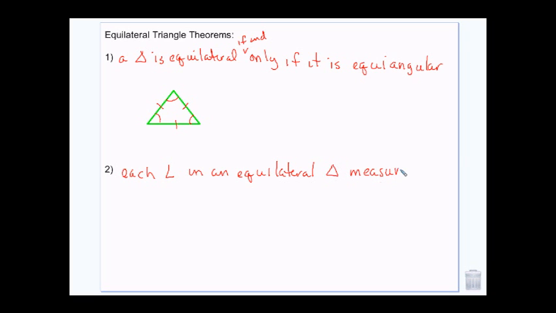You guys should know this one. If all the angles are the same, how much are they? Yeah, 60 degrees. So if I have a lovely little equilateral triangle, they're all 60.